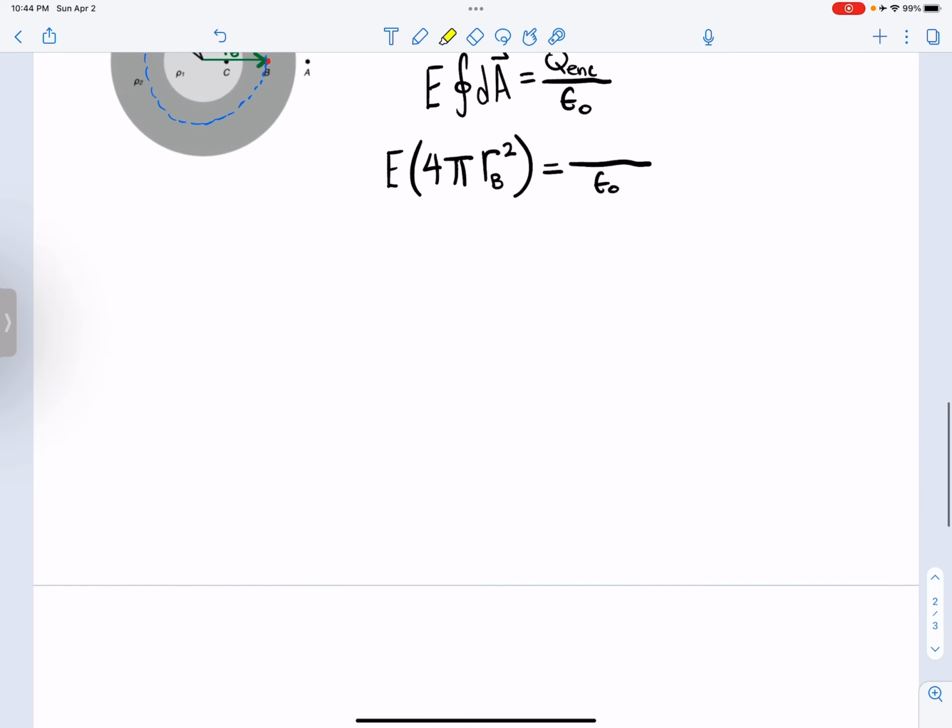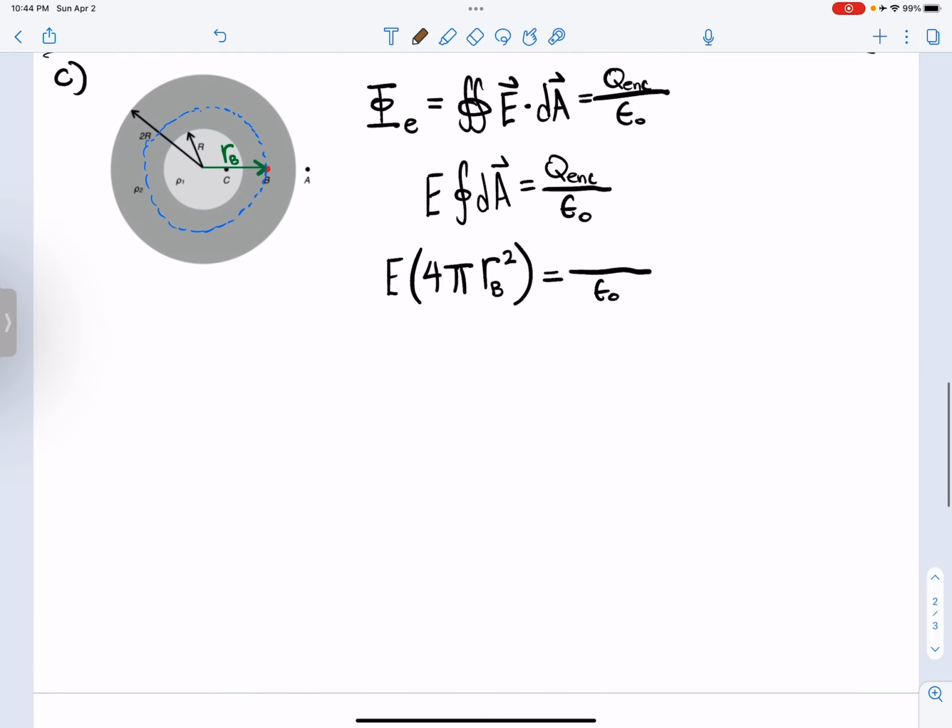Okay, so the charge enclosed is going to be equal to this guy, the charge density of the inner sphere times the volume of the inner sphere, plus this guy right here, right?